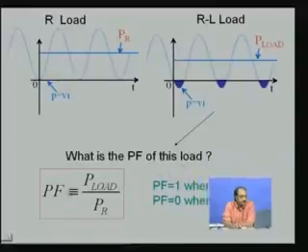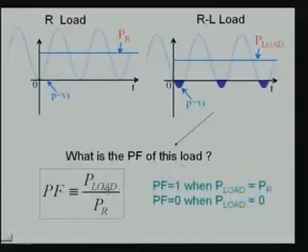You see here that when PF is equal to 1, which means P load is equal to PR, which means this average matches this average only when this rises up and becomes equivalent to this, in which case this becomes purely resistive.